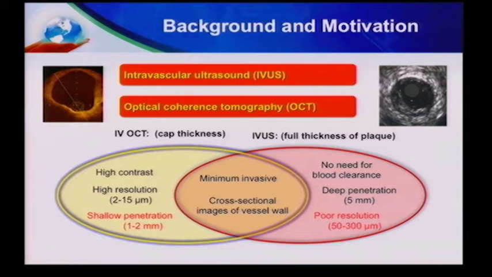Traditional ultrasound has very poor resolution and cannot identify the thin cap, but it has fairly long imaging depth. So if we want to fully quantify TCFA, the best approach is probably to combine these two technologies.